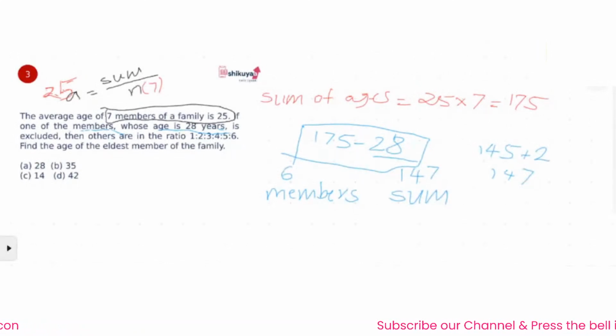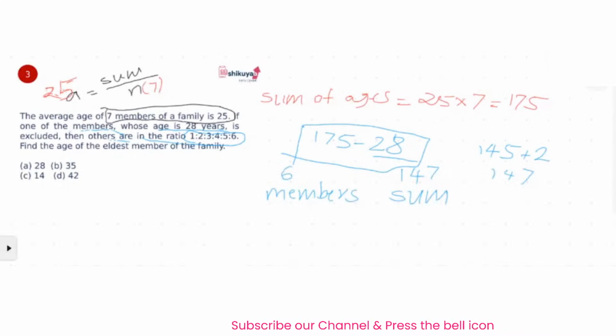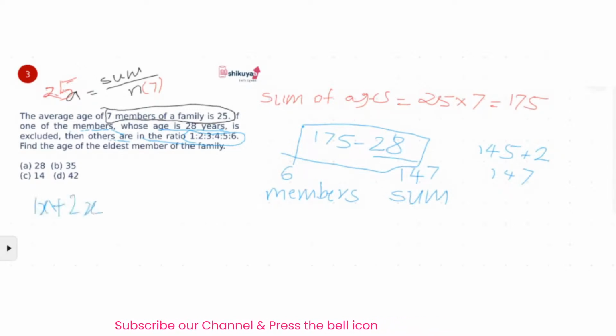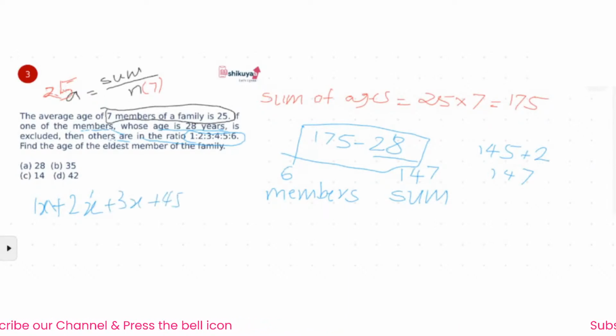Then the others are in the ratio 1 is to 2 is to 3 is to 4 is to 5. All right. So we can get an equation, that is 1x plus 2x. I'm assuming x as the common factor in everybody's age, and I'm going to add these to each other: 3x plus 4x plus 5x.